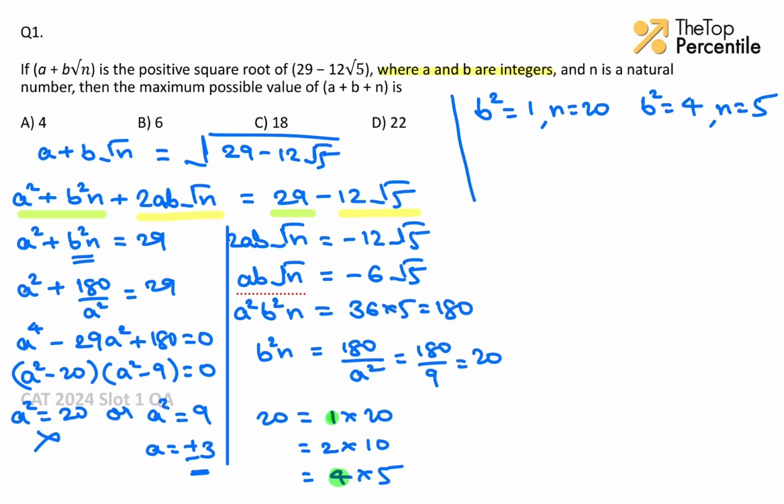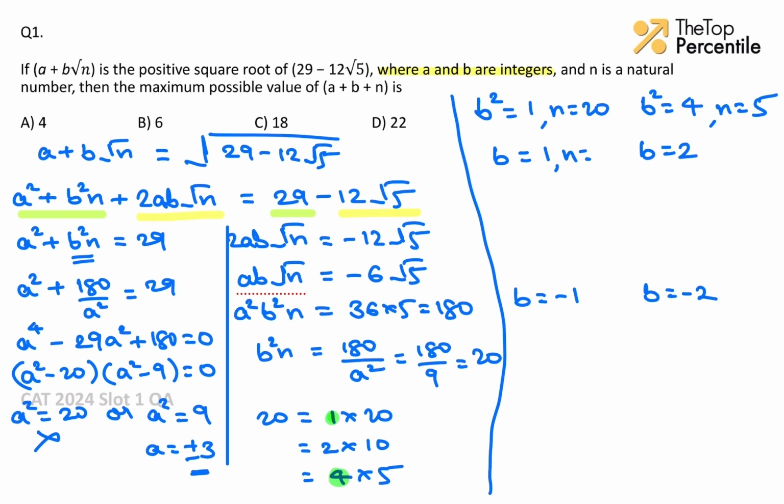So from here I can say that I'll have four cases of b. The first case will be where b is 1. In the second case, b will be -1. Here b will be 2. The second case, b will be -2.